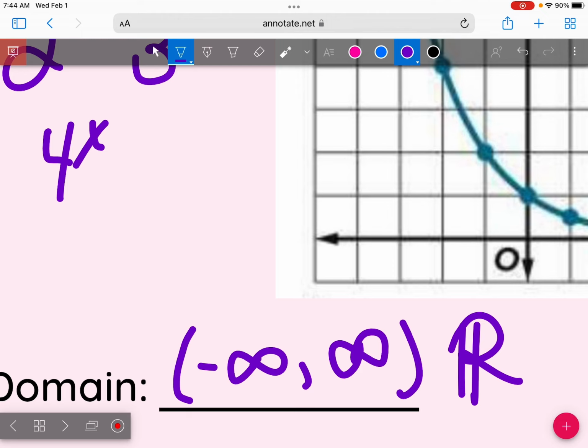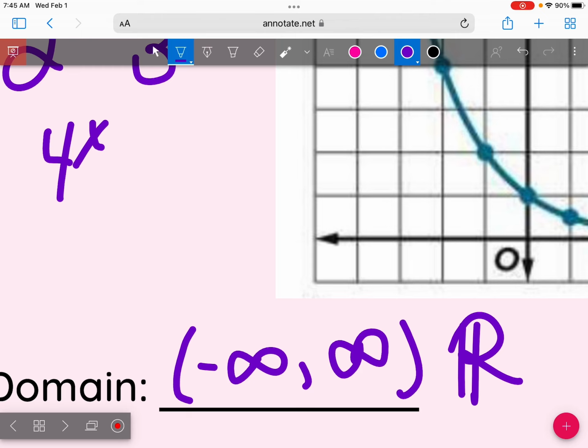As we go, our range, what are we looking at? We're looking at our y's, right? What is the smallest y we can go in this graph? Not 1, much smaller than that.